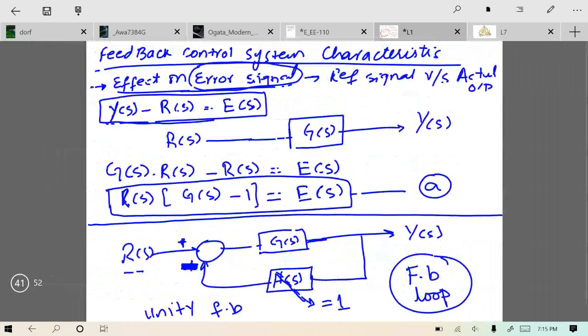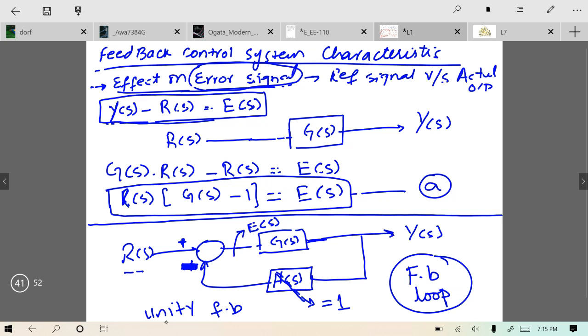In this case, our Y of S is equal to G of S into E of S. If it is the error signal E of S over here, then I can write Y of S as this E of S multiplied with this G of S. What would be the signal over here?